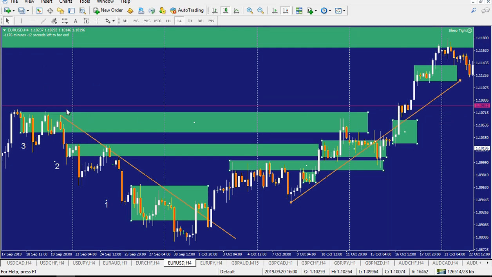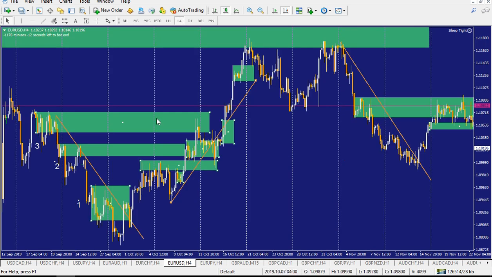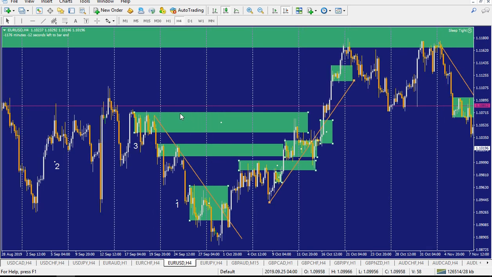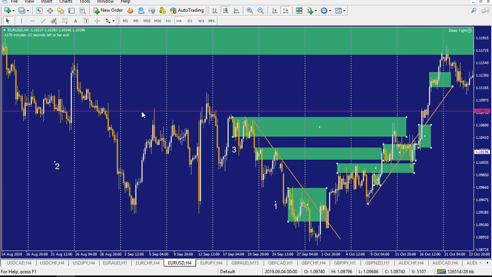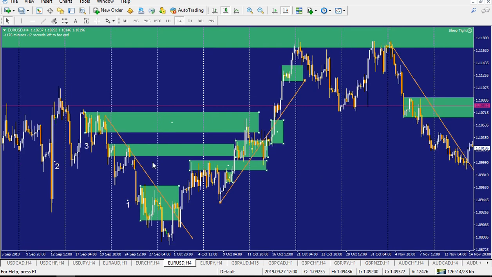Do we have any more sellers here? Let me go a little bit left. Not really, only from very old dates. Maybe we have a zone here, but that is going very far back. We're looking at just the most recent battle, so we understand, because the higher time frame will give us the stronger, bigger picture of the battles.